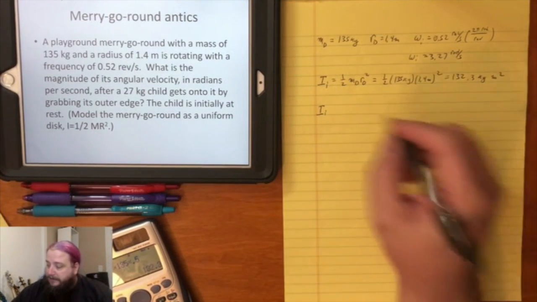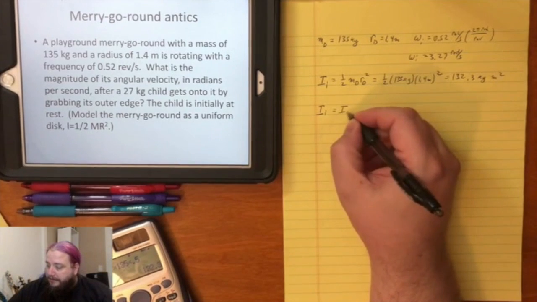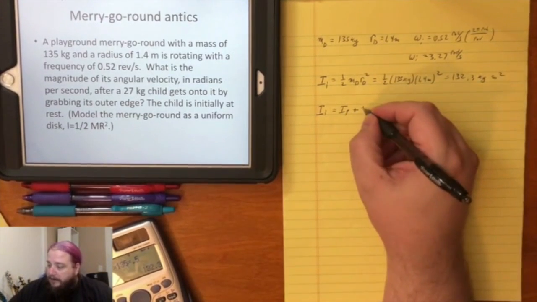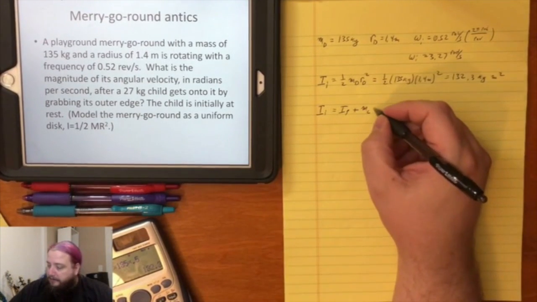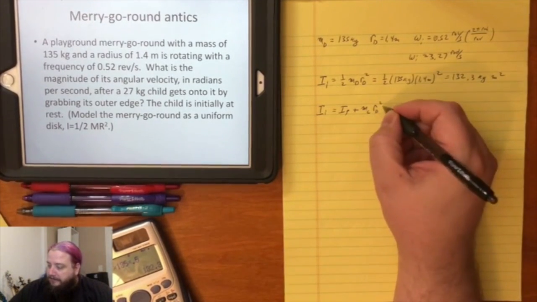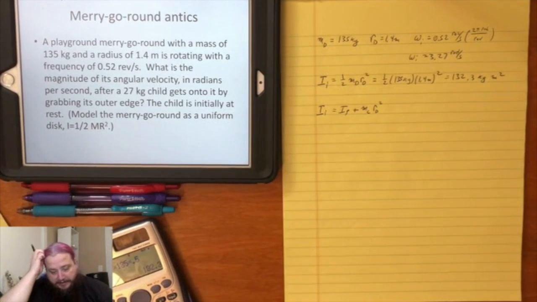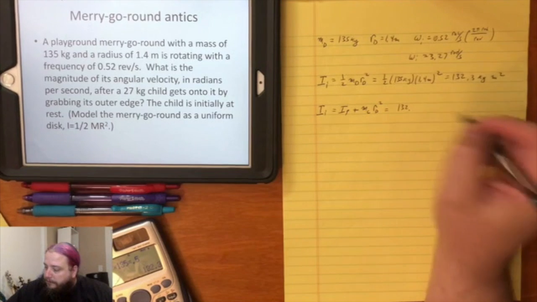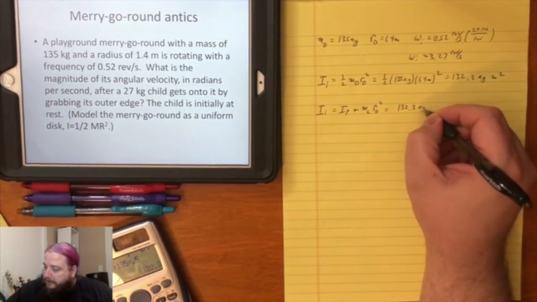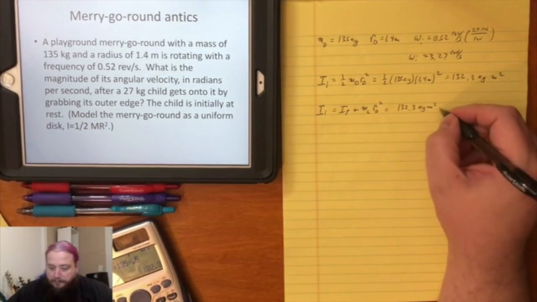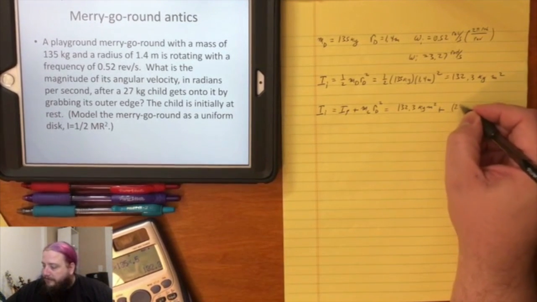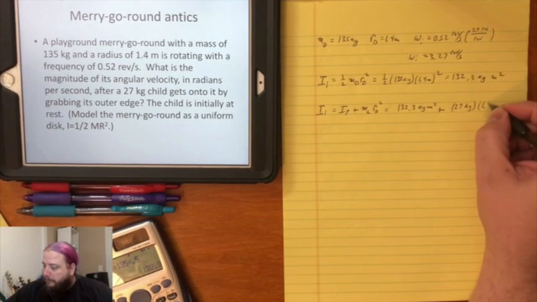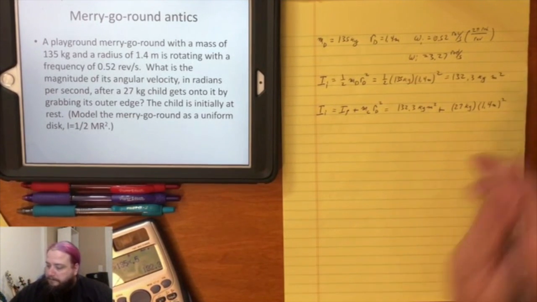And after the collision, after the kid jumps on, we have the original rotational inertia, 132.3 kilogram meters squared, plus the mass of the child times the radius of the disk squared, because the kid jumps right onto the outside edge. So plus 27 kilograms at a distance of 1.4 meters squared.